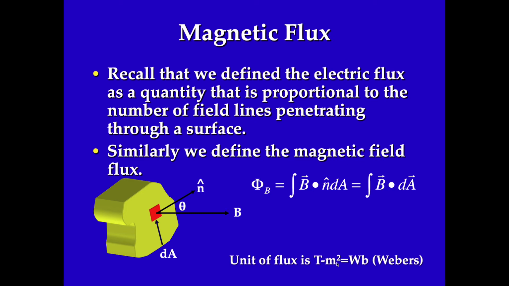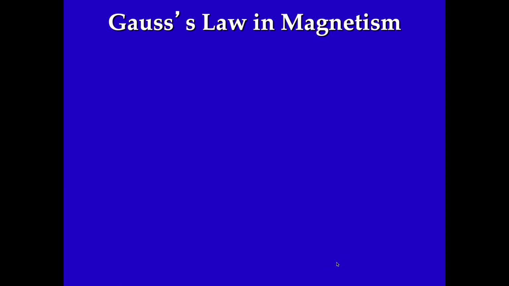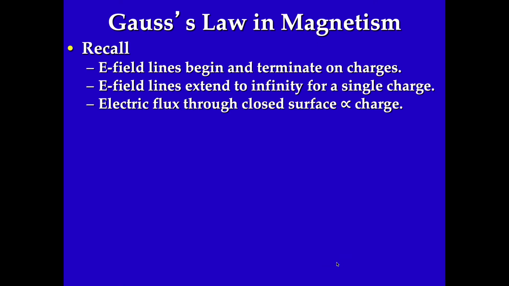That's because field lines form closed loops. So this is a reminder regarding field lines before we finish talking about Gauss's law and magnetism. Electric field lines begin and terminate on charges.